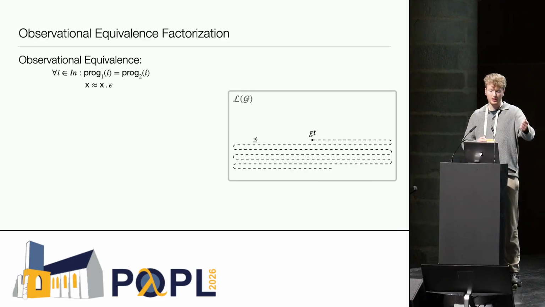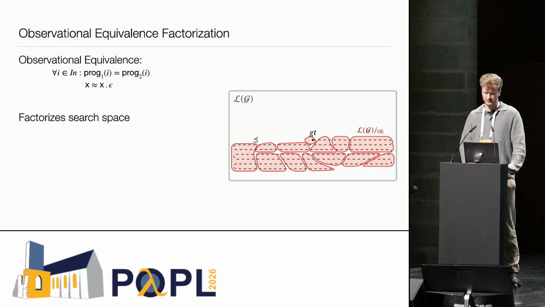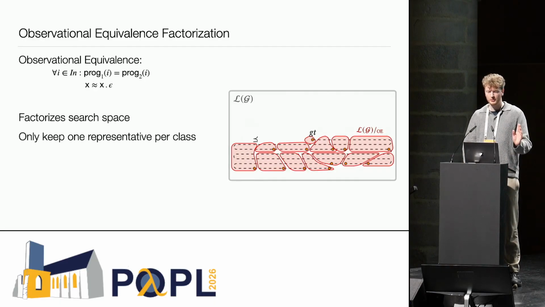For example, the program X and the program X concatenated with epsilon will return the same output on the given inputs, and therefore they are equivalent. And this equivalence factorizes the search space. And we only need to keep 1 representative per equivalence class, and thus we can prune away many programs. For example, we have the program X and the program X concatenated with epsilon, and we only need to keep the program X. So X concatenated with epsilon can be thrown away.